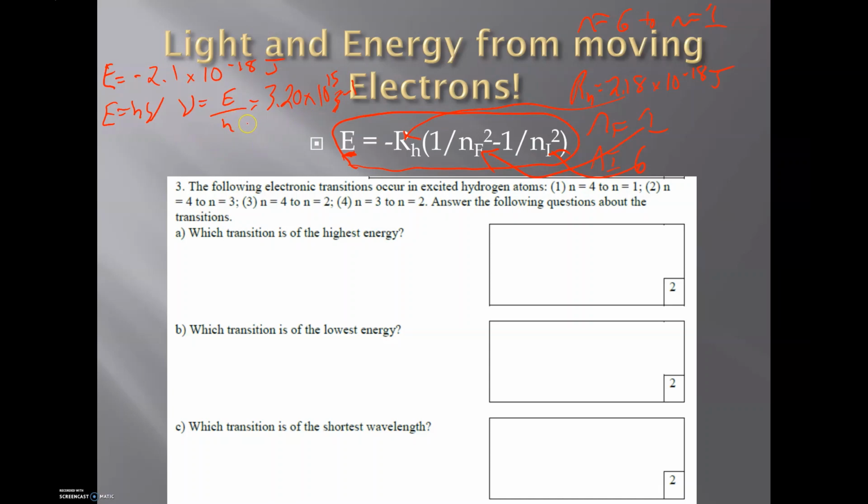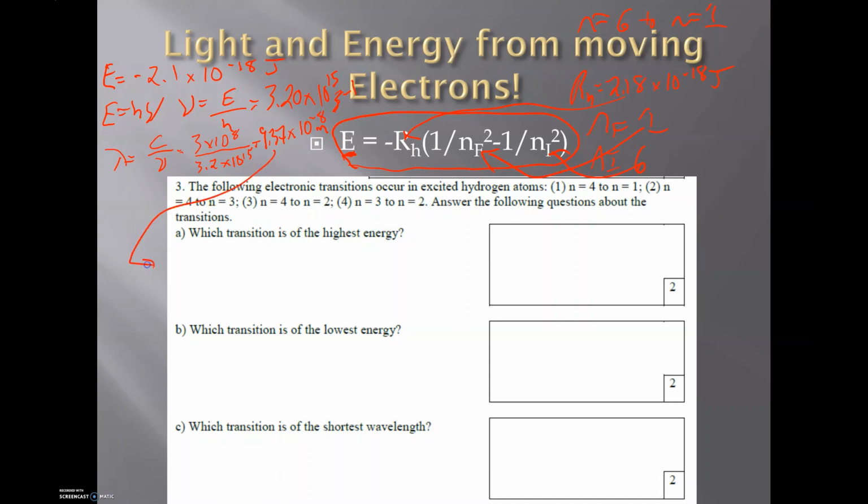So the next step we're going to take here is to calculate the wavelength using the speed of light equation. And so we know the frequency here. We're going to take 3 times 10 to the 8th and divide it by 3.2 times 10 to the 15th. And that will give us an answer in our wavelength. So that gives me 9.37 times 10 to the negative 8 meters.